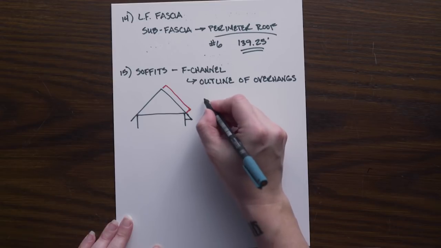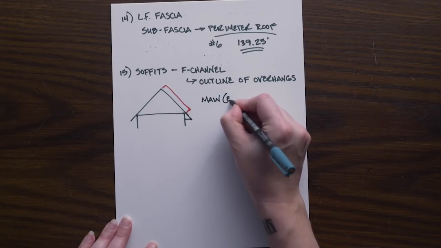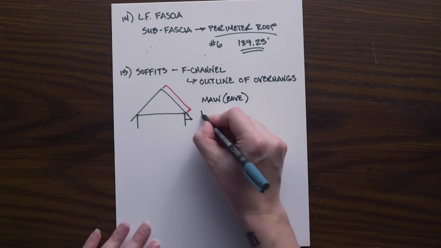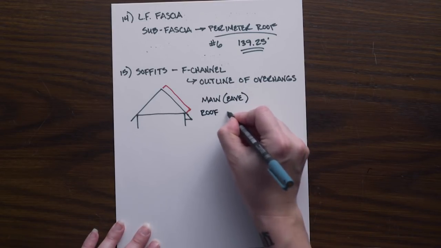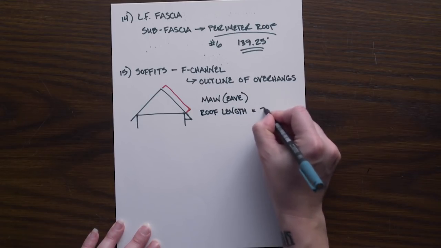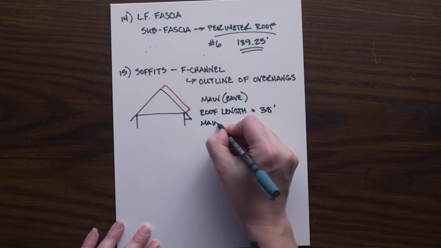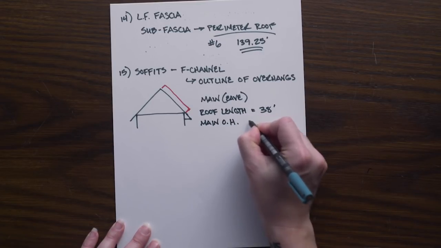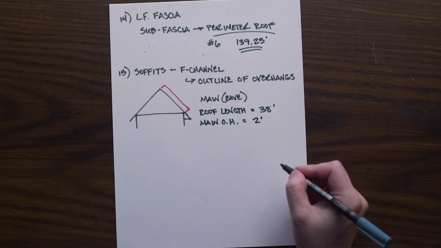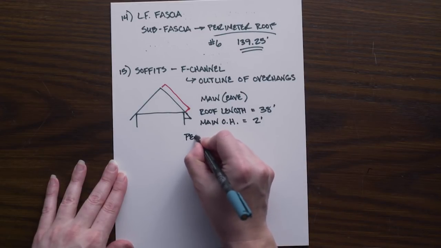So the first one we want to calculate then is our main overhang, or again, as it's sometimes called, the eave overhang. So here we need to know the roof length, which is 38 feet, and we need to know what that main overhang is, which we know is 2 feet, given to us in our specs and on the plans. It's just a perimeter calc at this point.